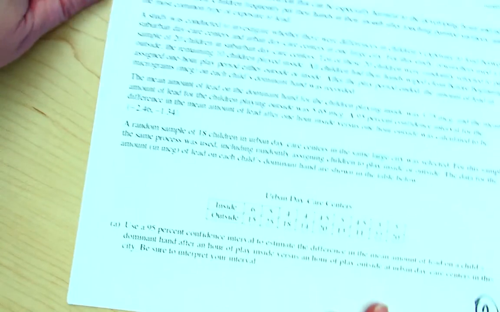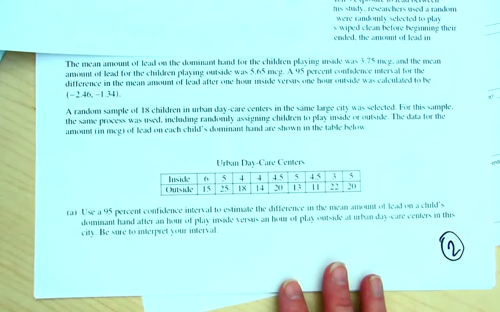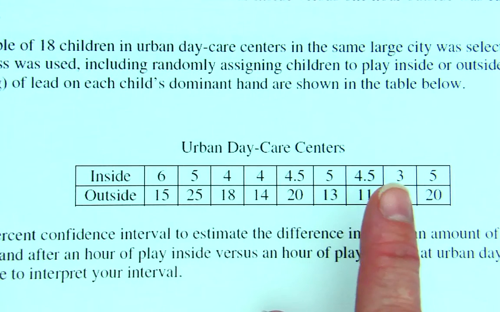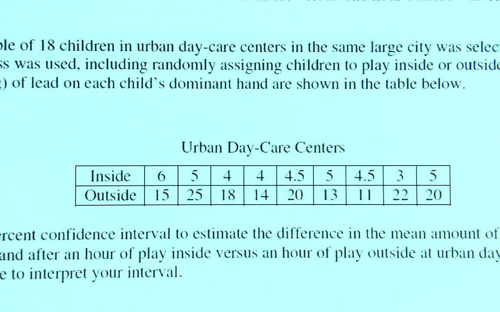This next one was the daycare one, where we looked at a group of children in daycare. Some were assigned to play outside, some were assigned to play inside. So what did you think about this one? Paired or independent? Hold up what you think it is.